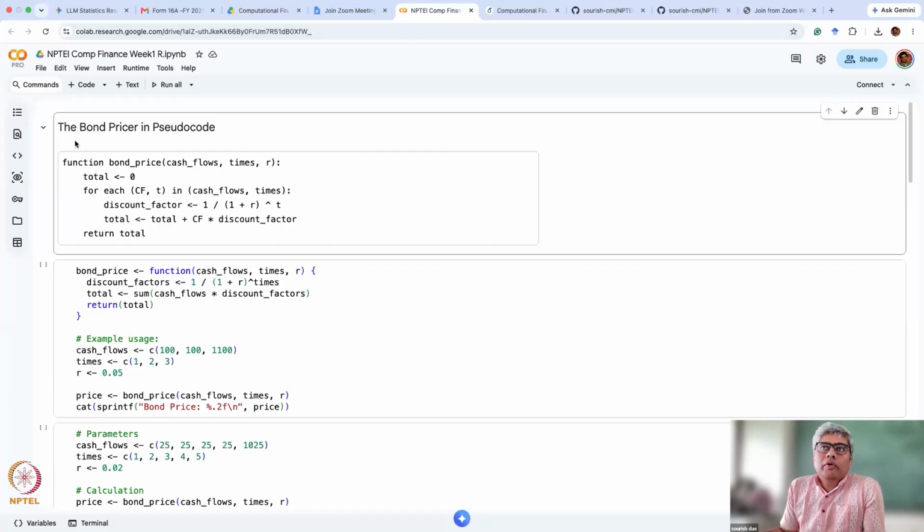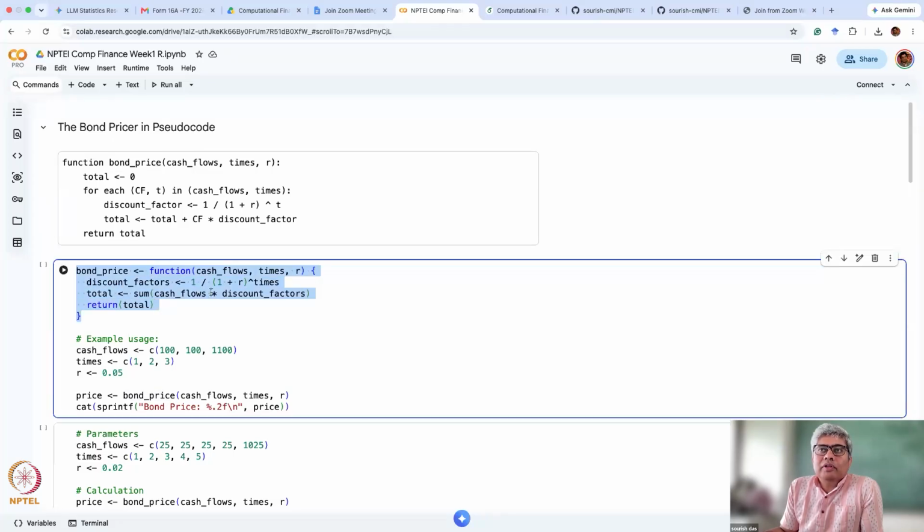If you remember, we have discussed the bond prices, and this is the pseudo code that we discussed on how to calculate bond prices, and this is the R code I have generated here. You have to write it as a function, and you have to provide three arguments: cash flow, times, and the interest rate, or the discount rate, as we often call it.